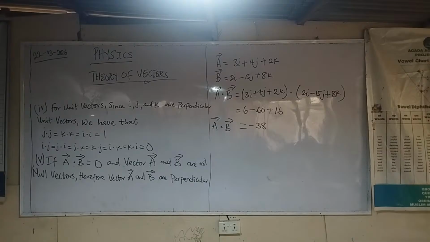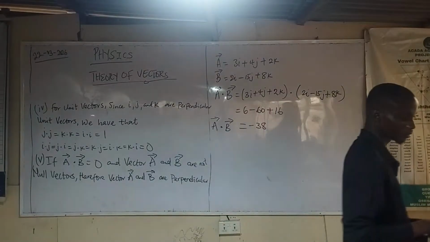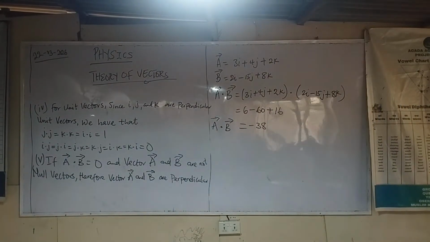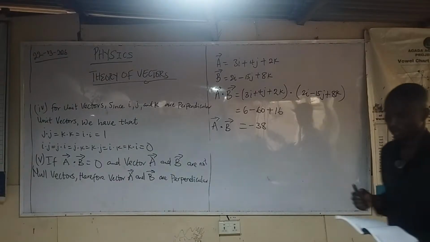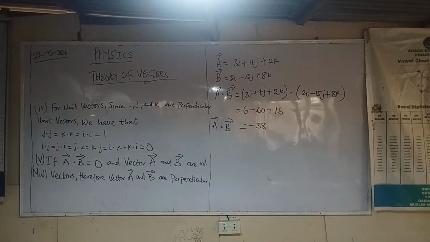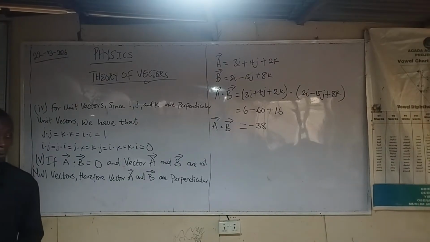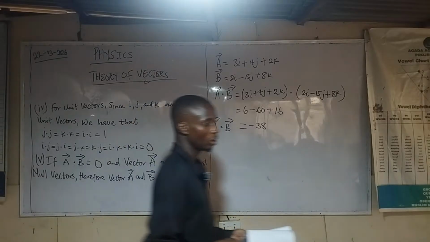Angle between two vectors. I'm not done. Can I rub up the law now?